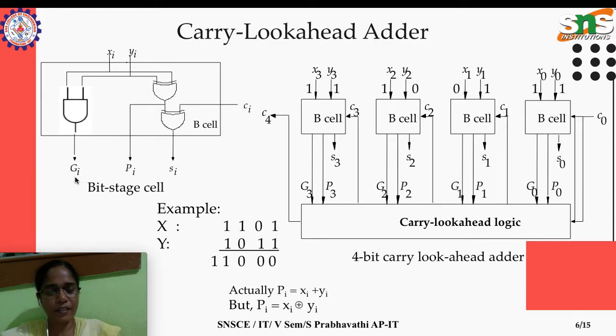So when xi and yi are 1, this will be set to 1, and irrespective of the other value, carry will be set to 1. That's why we use the XOR gate itself: instead of going for one more gate delay by implementing the OR gate, we could achieve both Pi and Si using the XOR gate. That's the logic behind implementing Pi with an XOR gate rather than an OR gate.